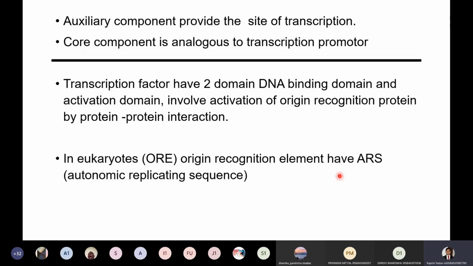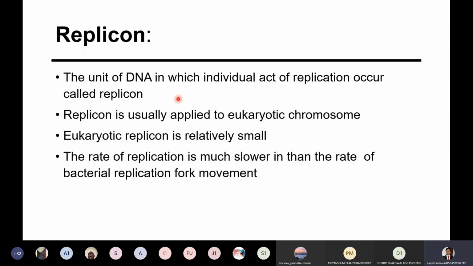Now some important points about replication, that is, what is the replicon. So simply, the unit of the DNA in which the indivisible act of replication occurs is called the replicon. That means the portion which is responsible for replication, the origin, is called the replicon, or we can say that the origin portion of the DNA is also called the replicon, because the DNA starts from the origin.